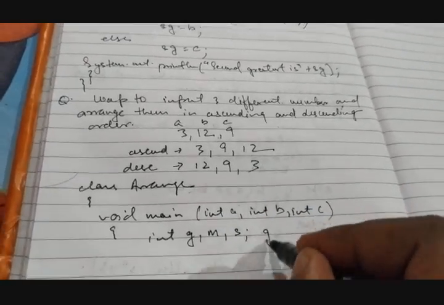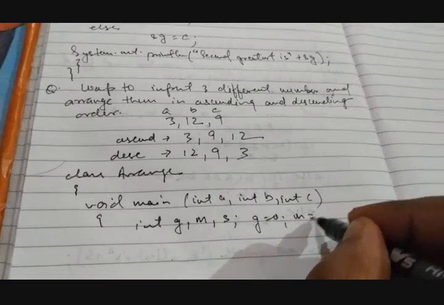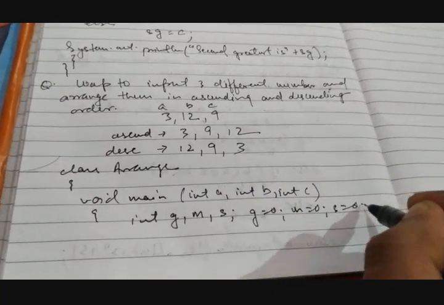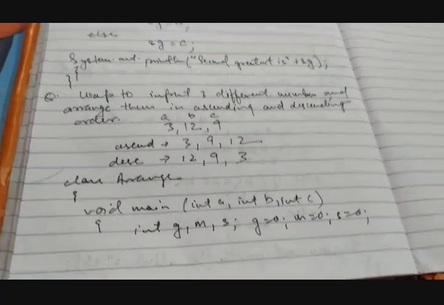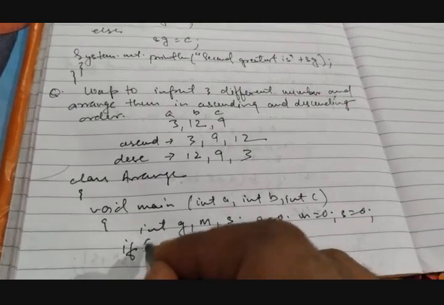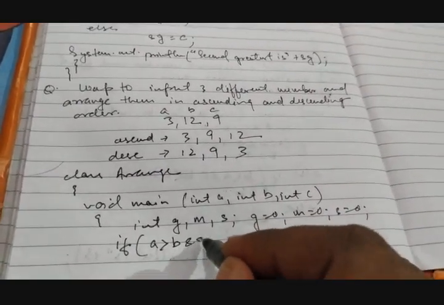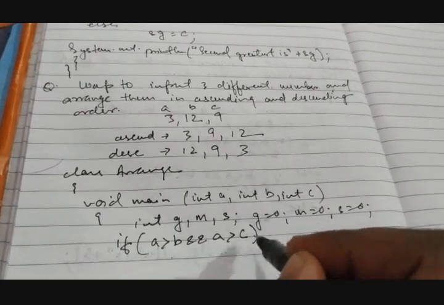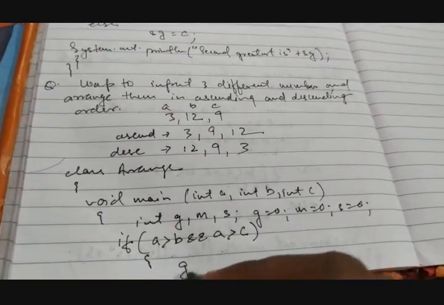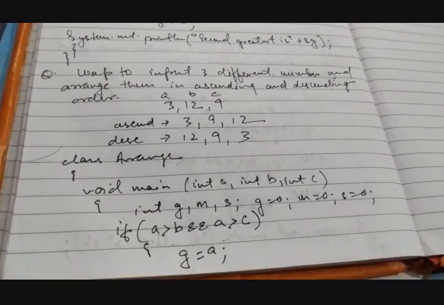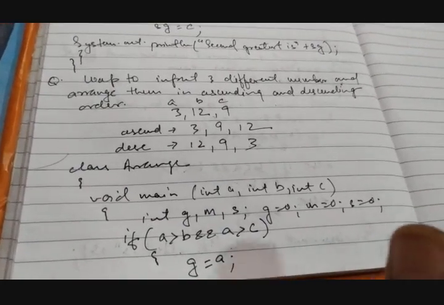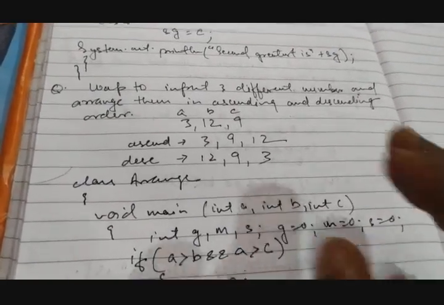So greatest equals 0, middle equals 0, and smallest is also 0. Now we need to find the greatest. If A is greater than B and A is greater than C, then greatest equals A. We got the greatest.